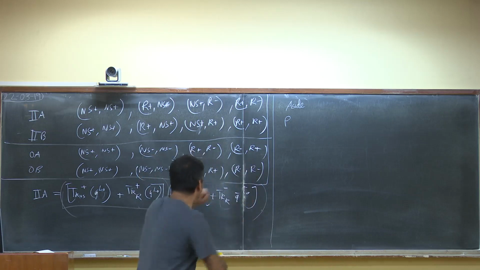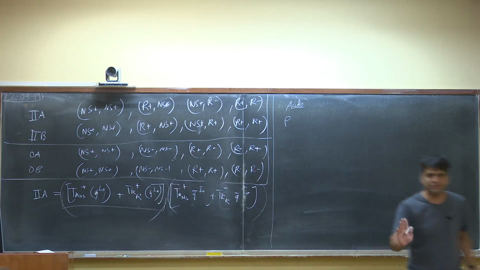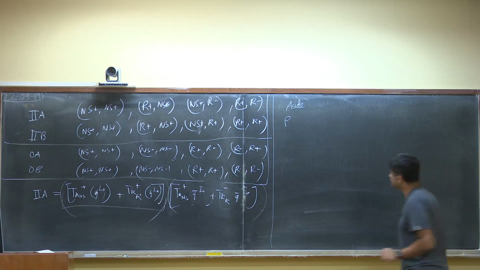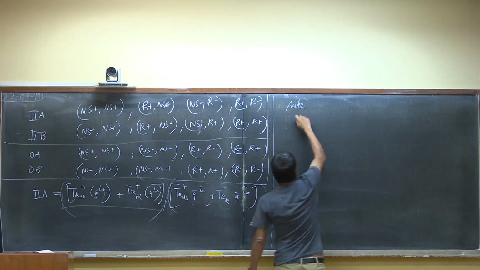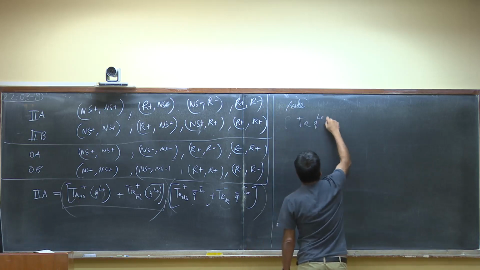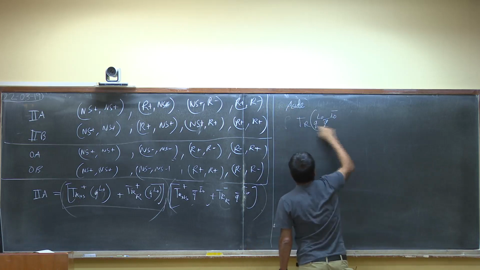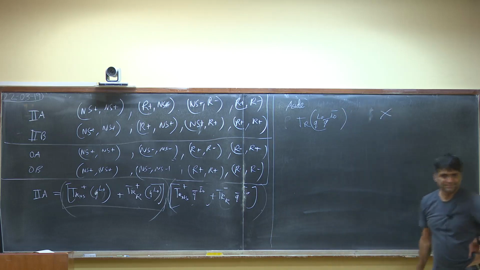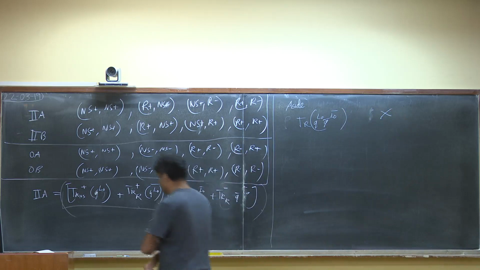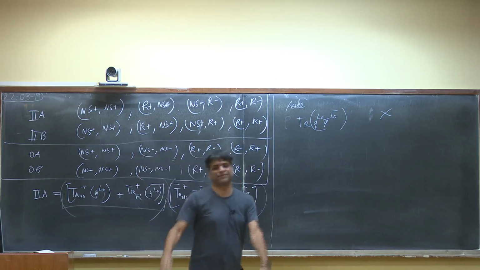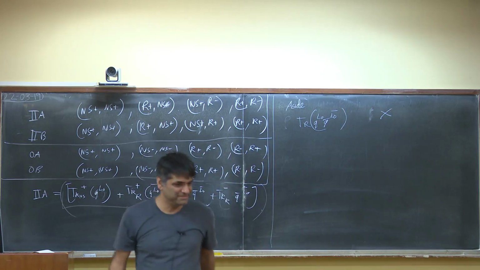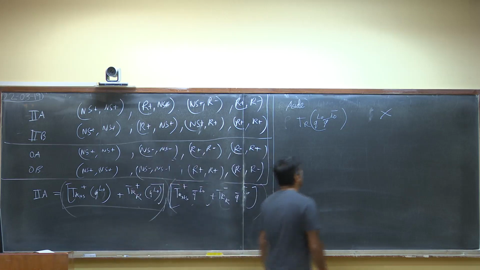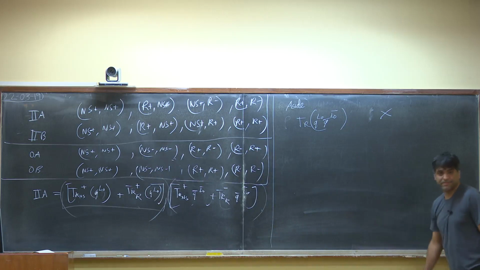Okay, so let's look at the bosons for a minute. And then we'll come back to the fermions, which is really the interest of today's lecture. Okay, so suppose I want to compute trace q to the power L0, q bar to the power L0 bar for the bosons. Let's first do it for the X field. Let's say we've got one X field. Then we'll do it for all 10. Well, this is very easy, right?